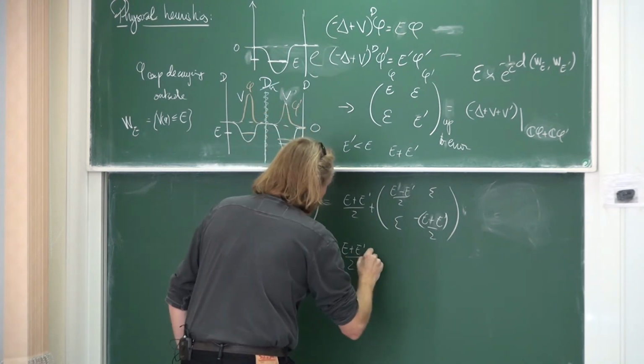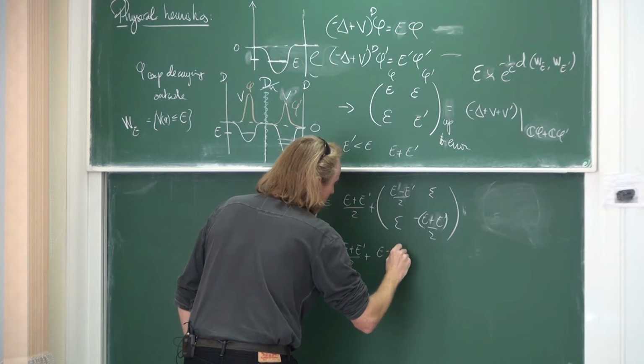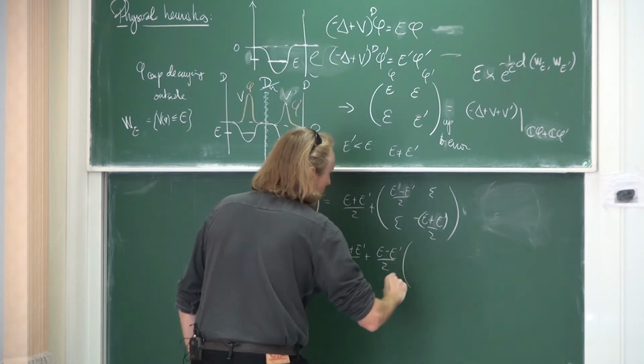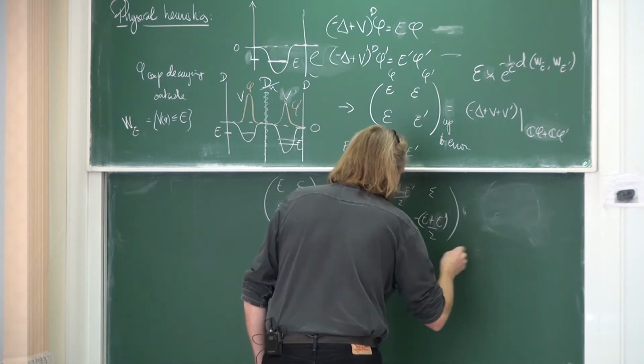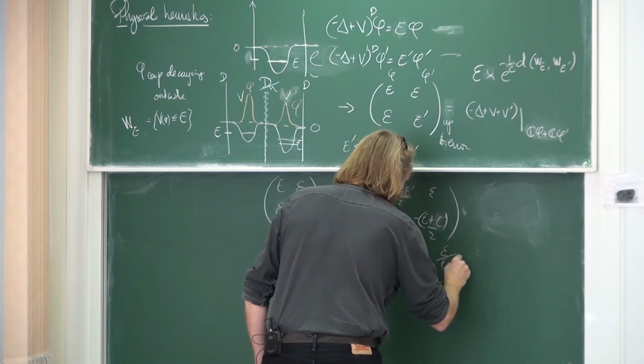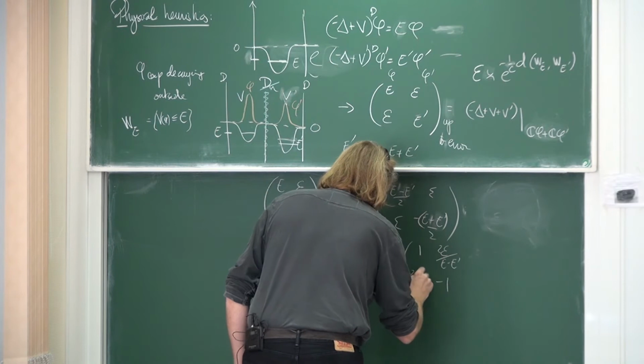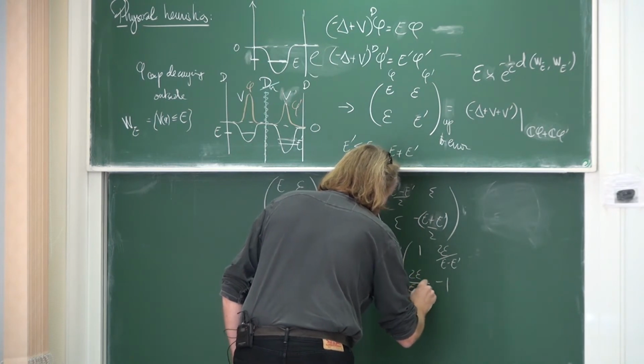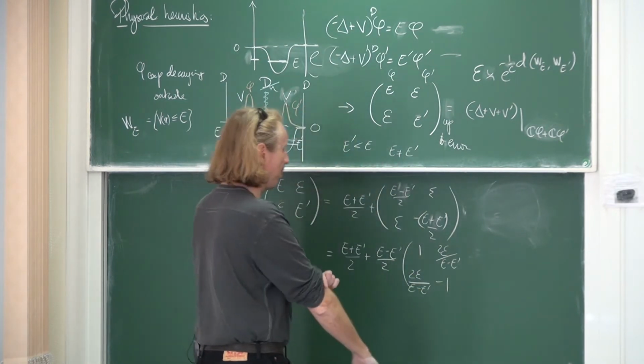So it's 1, minus 1, and epsilon tilde equals epsilon divided by E minus E prime, or 2 epsilon divided by E minus E prime.